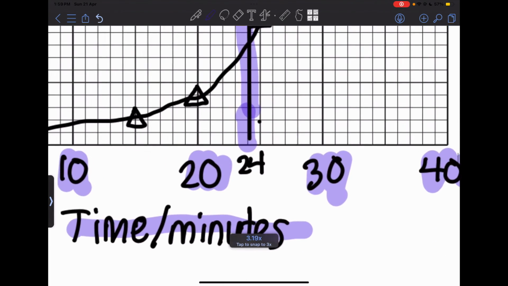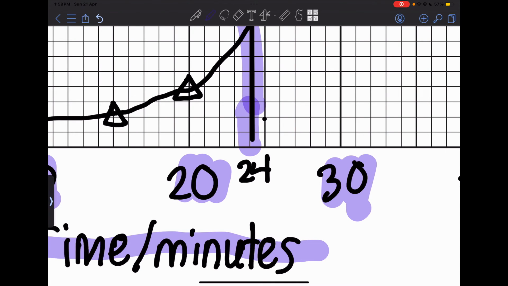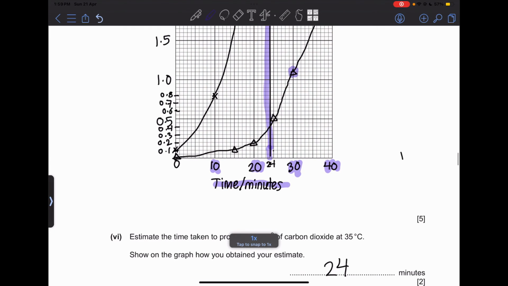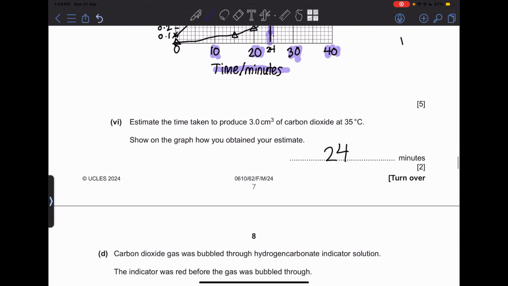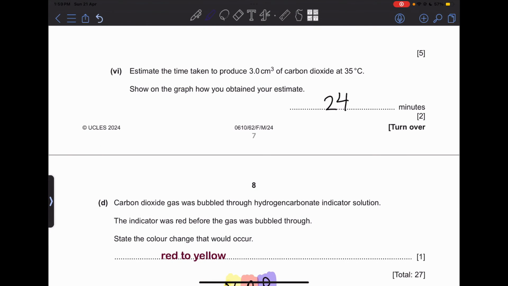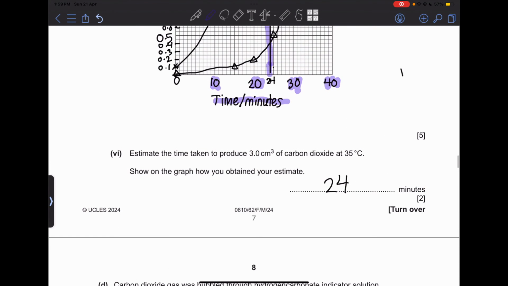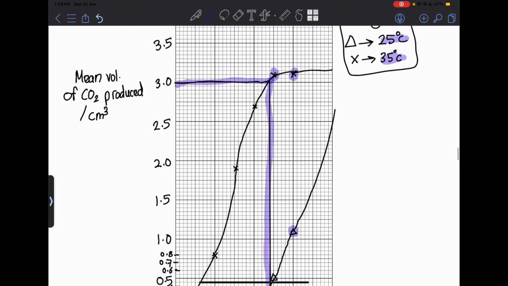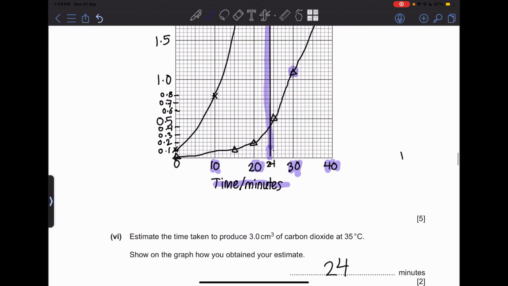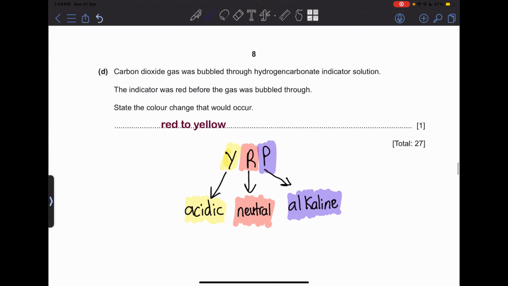And for me it turned out to be 24. Of course, it's going to be different for each one of you, because not everyone has the same graph, so it's okay to get different numbers in this question. They will give you the mark even if it's a wrong answer, but you have to do this step, which is drawing the line until you reach the x-axis. So this is how you solve this question.